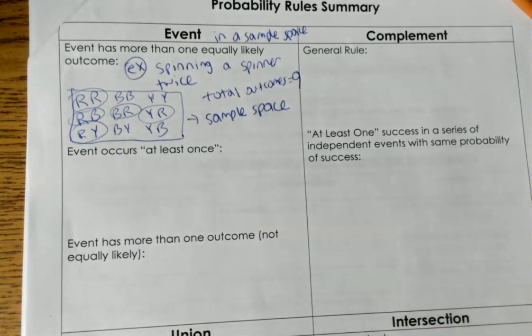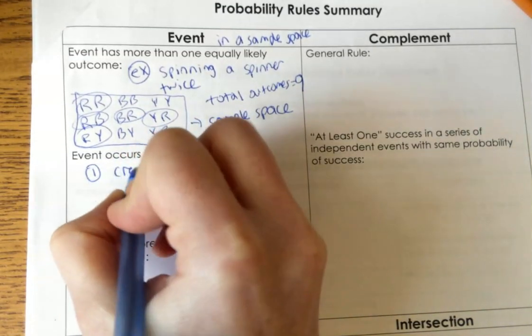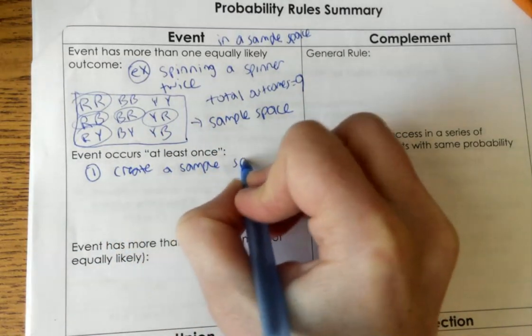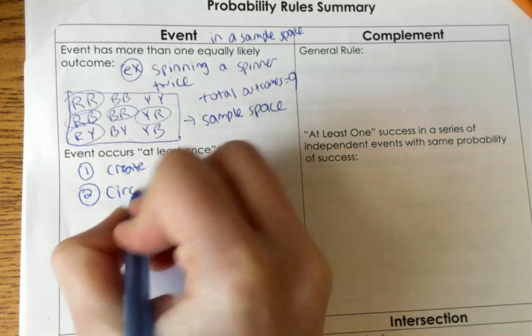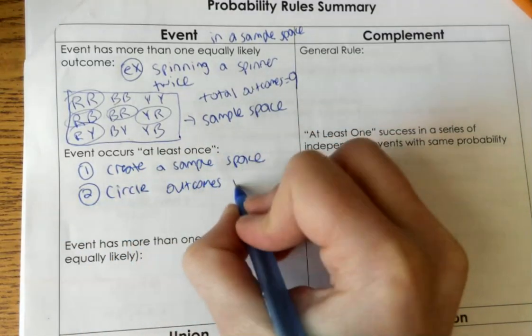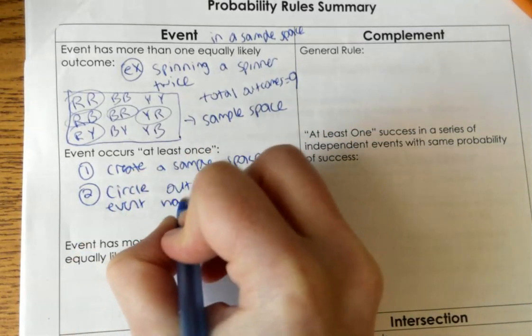All right, you've also got if an event occurs at least once. So that's the same scenario over, just create a sample space. And then number 2, circle outcomes where event happens at least once.